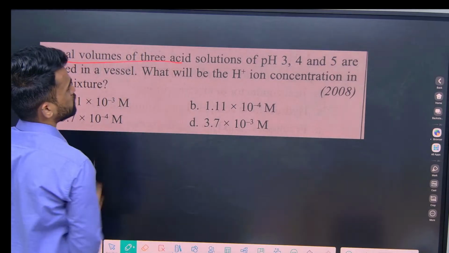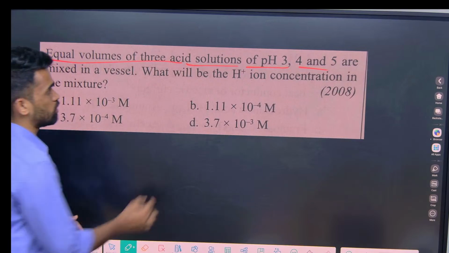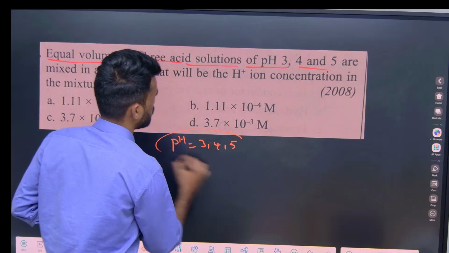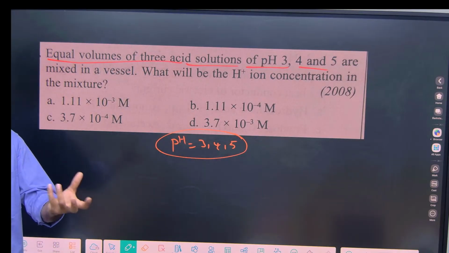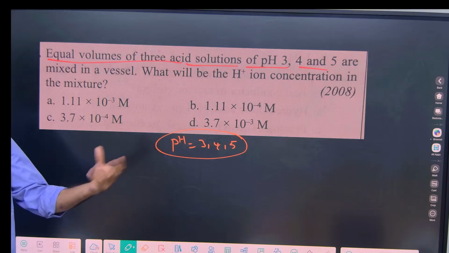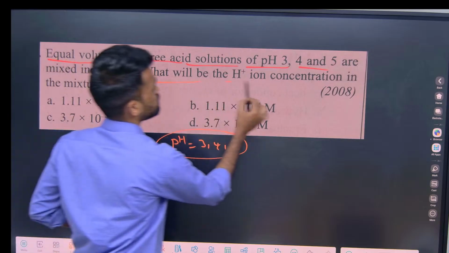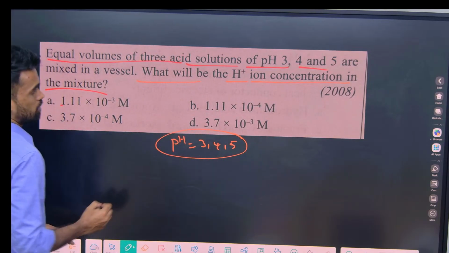Equal volumes of 3 acids. These are the pHs of 3 acids they have given: pH equal to 3, 4, 5 for 3 different acids, mixed in a vessel. It means the volume of all those solutions will be the same. Now what will be the H plus ion concentration in the mixture? It's very simple.